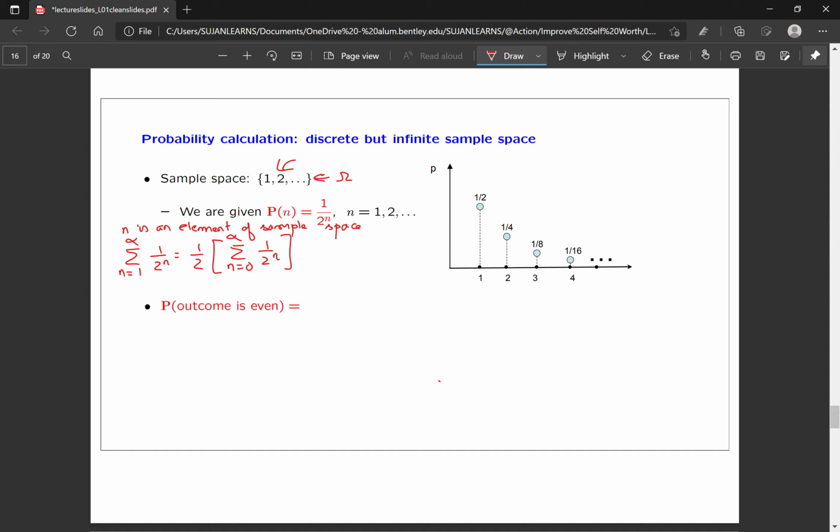Therefore, this is equal to 1 by 2 times 1 over (1 minus 1 by 2), which is equal to 1 by 2 times 2, which is equal to 1. Therefore, this sums to 1. That's why our probability law makes sense.